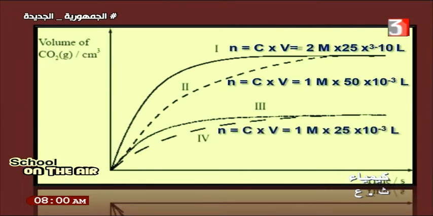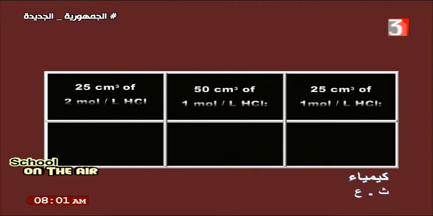And curve number 3 has half the number of moles and half the concentration of the first curve, and the number of moles here will be 25, less than that produced from curve 1 and curve 2. So the answer is: column 1 is curve 1, column 2 is curve 2, and column 3 is curve 3.